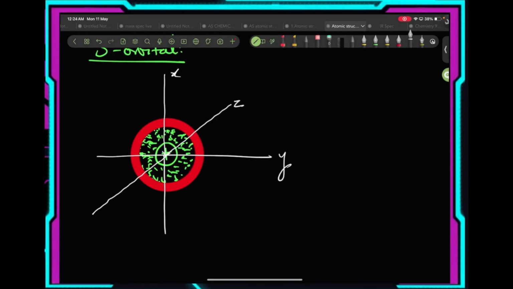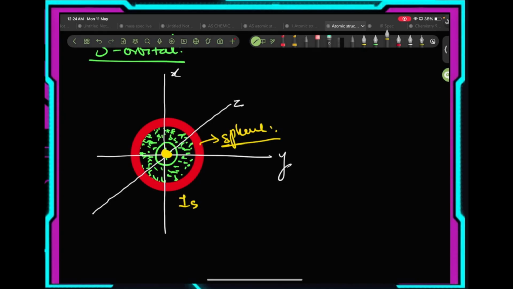If we say the intersection point of all these axes is the nucleus in the middle, then the s orbital around the nucleus is a region which looks like a sphere. So this is our sphere.